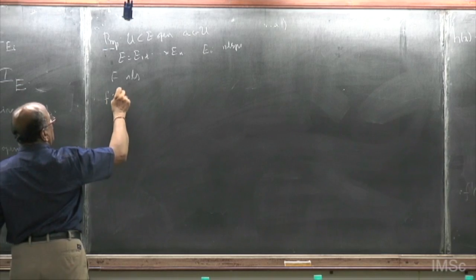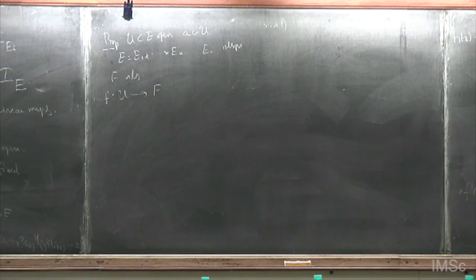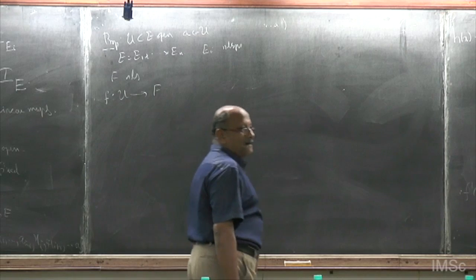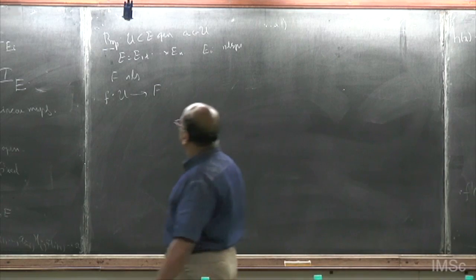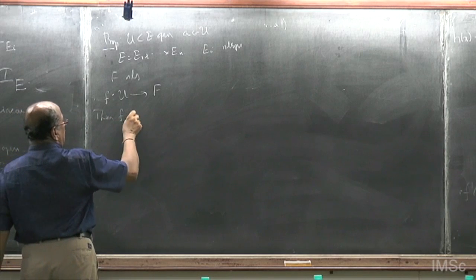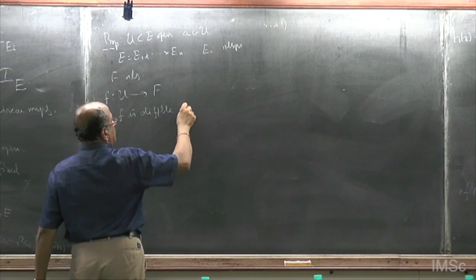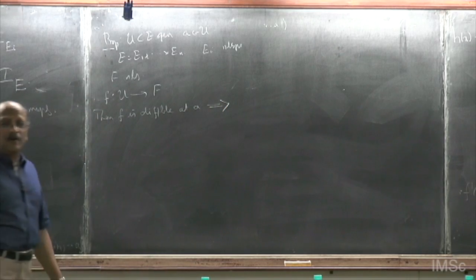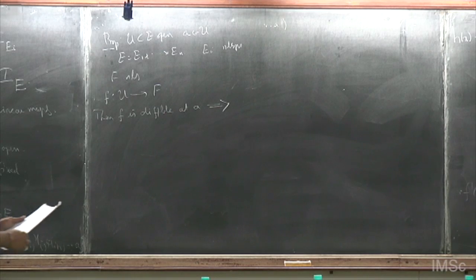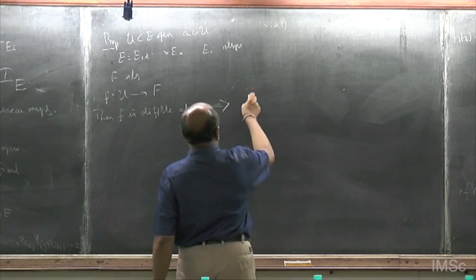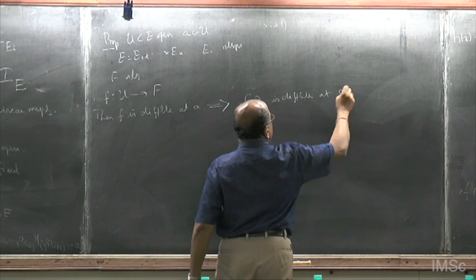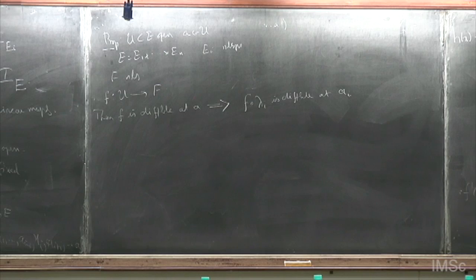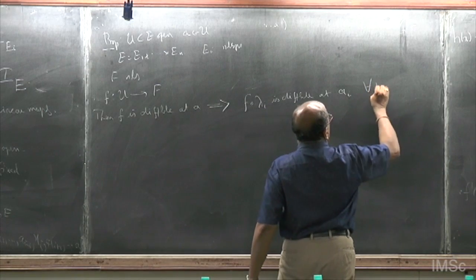And f is from U to F. Then f is differentiable at A implies, so this is not an if and only if statement, this is only a one way statement, f composed with lambda i is differentiable at ai for all 1 less than or equal to i less than or equal to n.